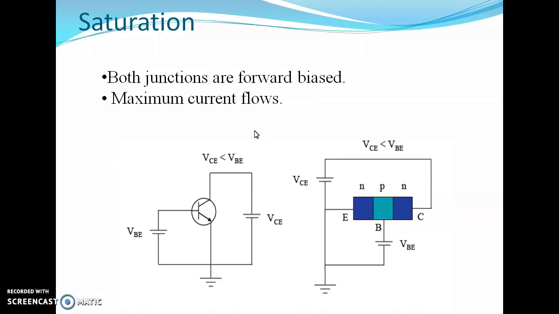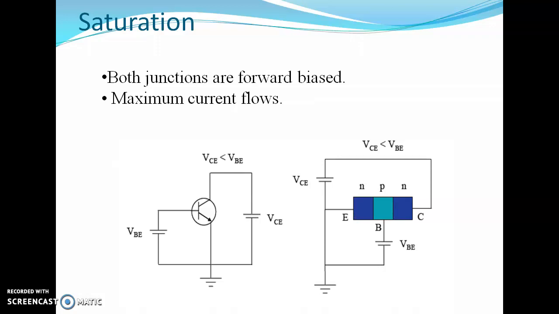Next is saturation mode. In saturation mode, again it is an NPN type with three terminals, but the difference here is that the positive terminal of the DC source is connected to the base and the negative terminal is connected to the emitter. For the other DC source, the positive terminal is connected to the N type material, that is the collector, and the negative is connected to the emitter.